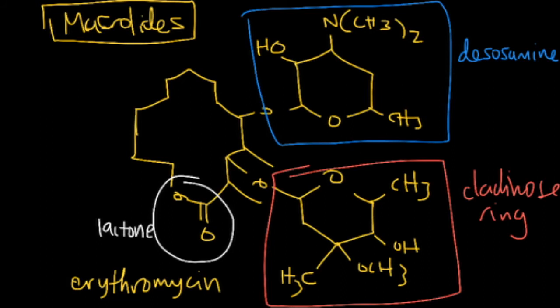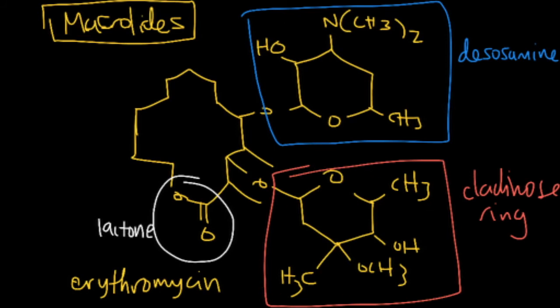There's two important sugars attached to the macrolide. There's this desosamine ring at the top, and there's a cladinose ring at the bottom. The way you can remember this is that desosamine is at the top and cladinose is at the bottom, or you can remember that desosamine has an amine over here, and cladinose does not have an amine in the ring.